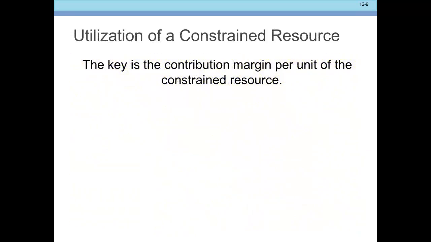To solve this type of problem, we calculate the contribution margin per unit of the constrained resource. Whichever is higher should be the product that's produced first to maximize our profits.